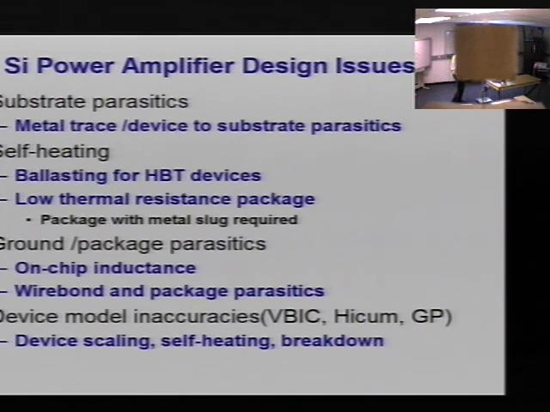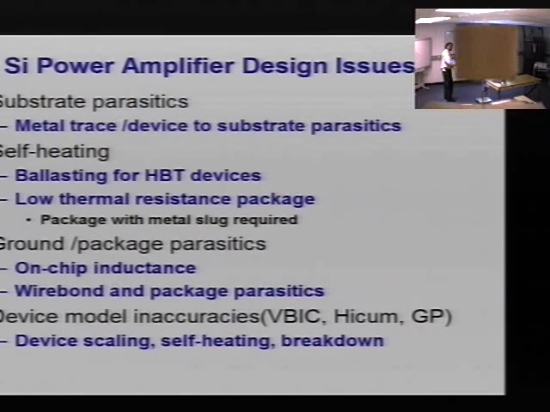So a bunch of companies got together and they call it the Vertical Bipolar Intercompany Model, VBIC. They put together a more accurate model that takes into account more high current effects, base push-out effects at high current flows. And then there's ICOM, I don't know the acronym, but that's yet another high current model.